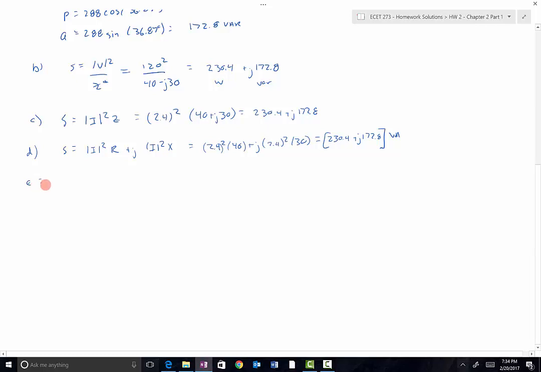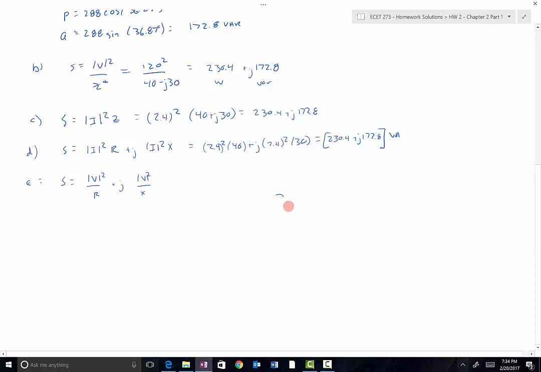Finally, in E, we were asked to solve using S is equal to the magnitude of V squared over R plus j times the magnitude of V squared over X. This one's a little tricky because the voltage that we were given is not the voltage associated with R and not the voltage associated with X. Instead, it was the voltage associated with those two in series.